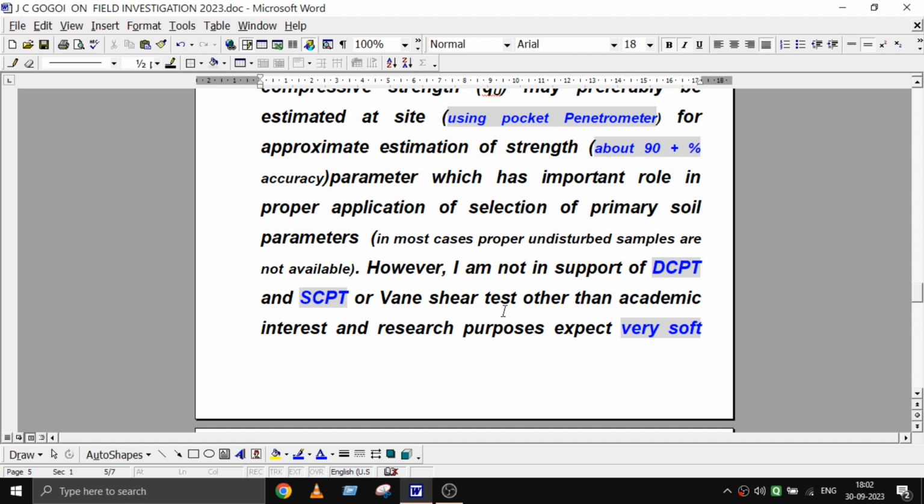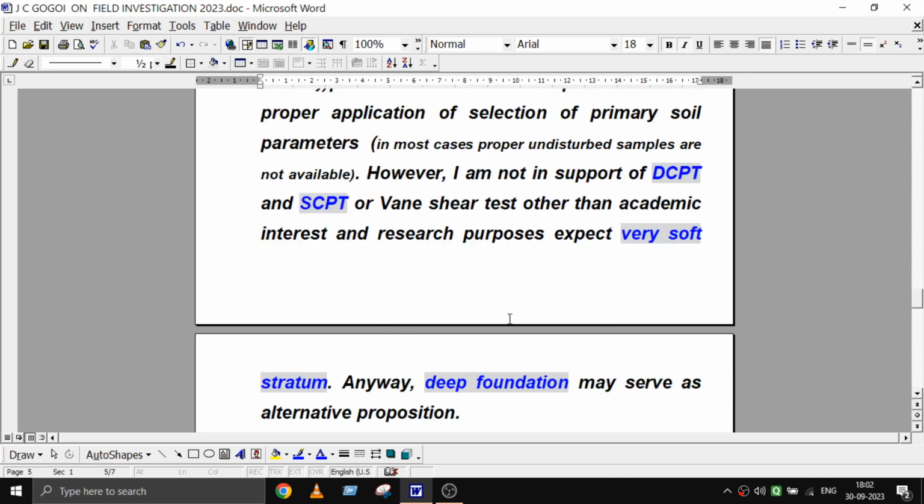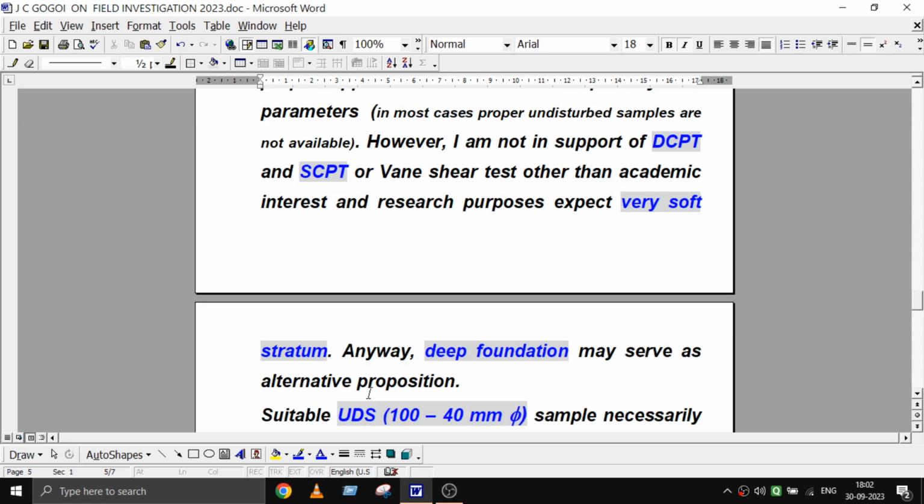However, I am not in support of conducting dynamic cone penetration tests, static cone penetration tests or vane shear tests other than for academic interest and research purposes, except in very soft strata. Anyway, a deep foundation may serve as an alternative proposition.